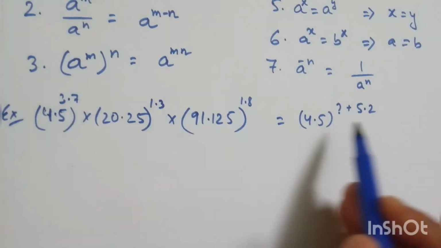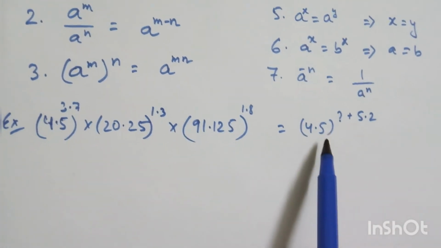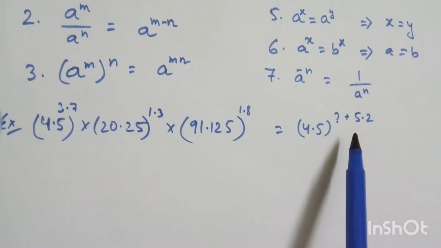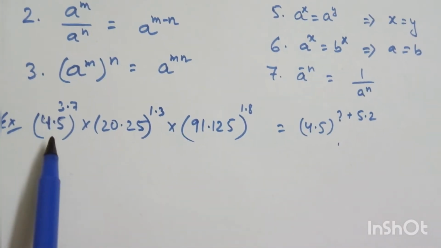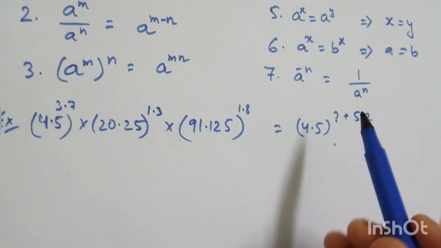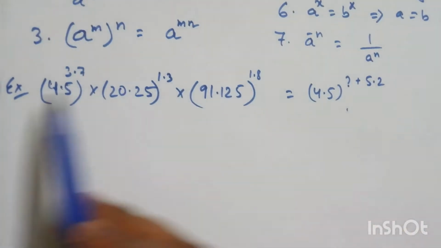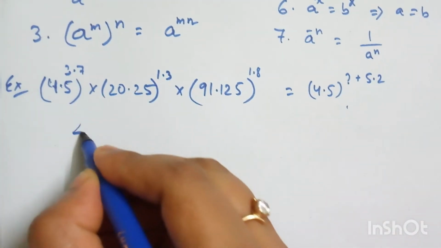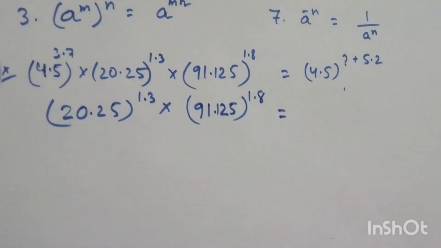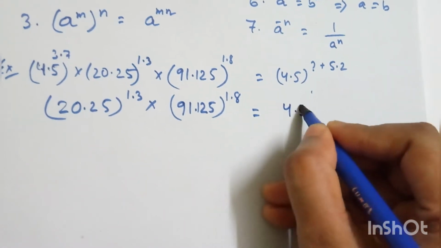So this is an example. Here you can see that we have to find this power. Now we can see that this base and this base are the same, so put these two together. Put this question mark as x.